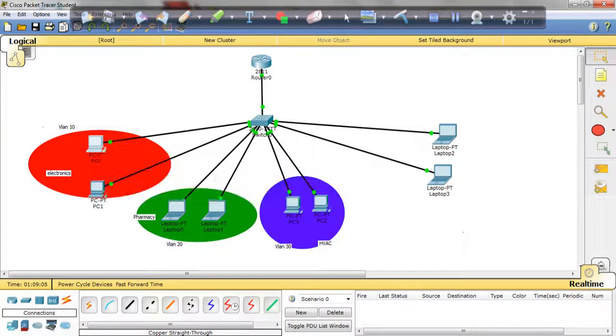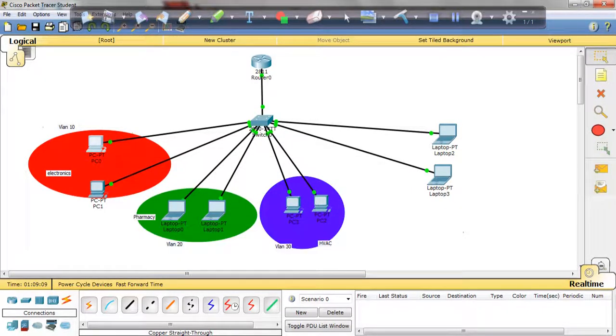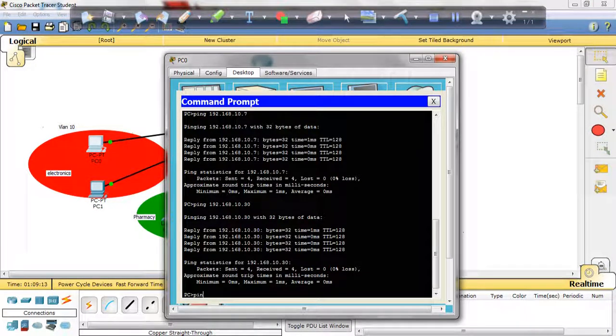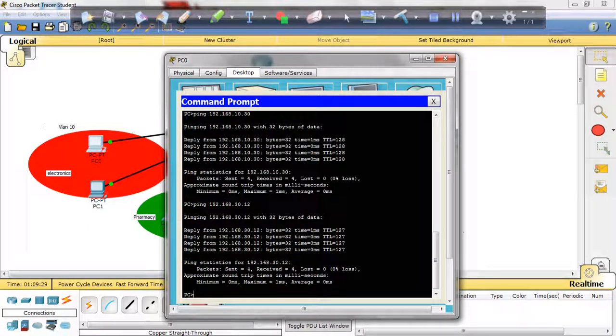So let's try and ping the heating and air conditioning from the electronics department. And as you can see, they are able to communicate.